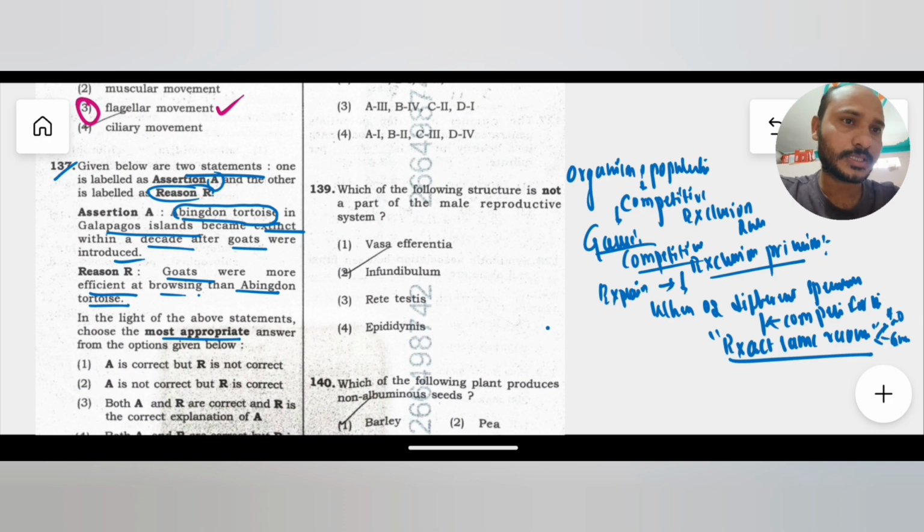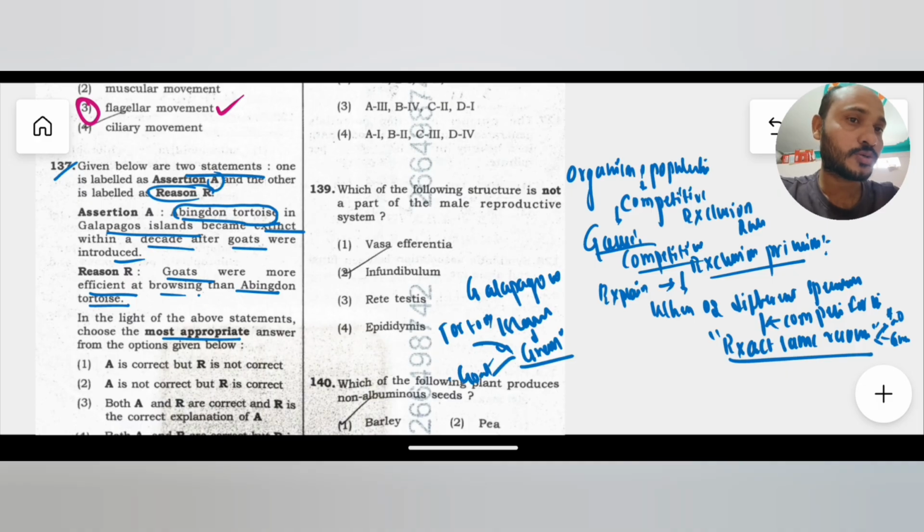For example, in a particular geographical area, here the Galapagos Islands, there is grass, and we have only grass in that area, and for this resource both species compete, the bighorn tortoise and the goat.